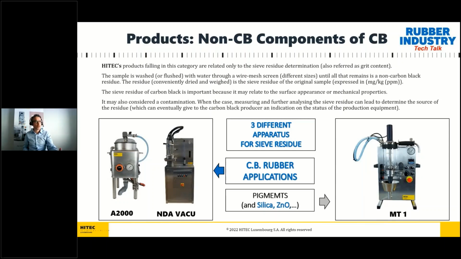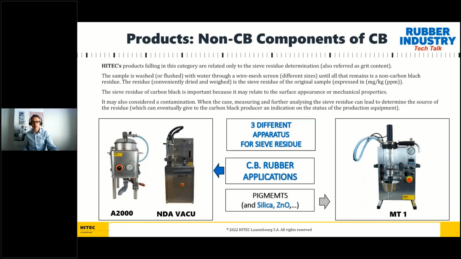Basically, the sample is washed or flushed with water through a wire mesh screen, which can have different sizes, agreed between supplier and buyer or chosen by the supplier, until all that remains is the non-carbon black residue.